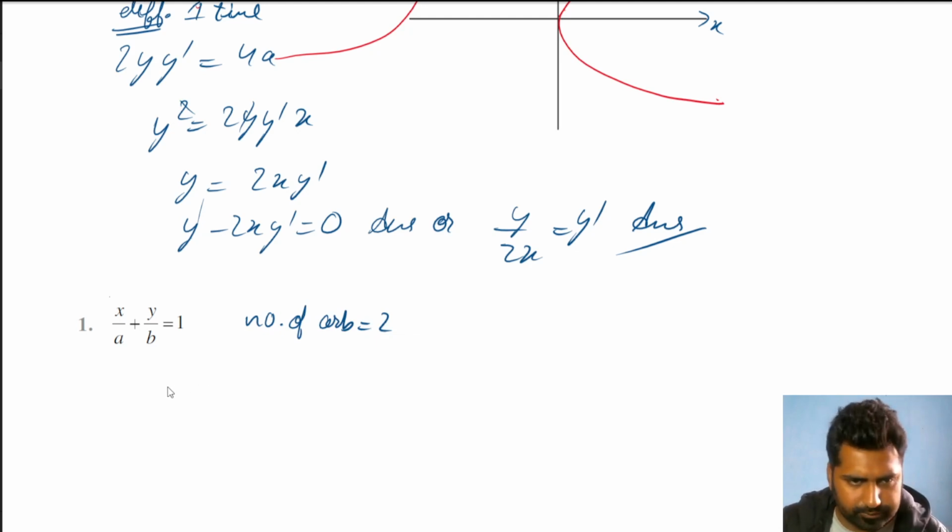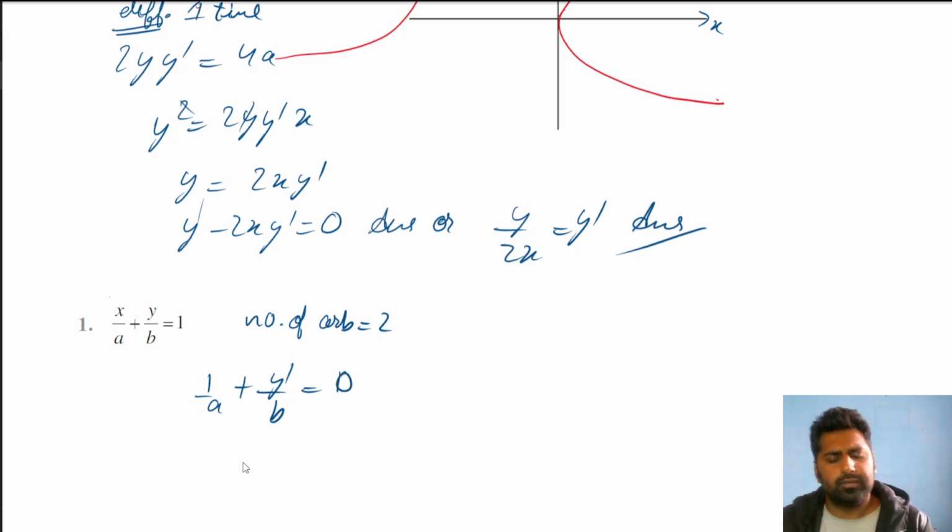One time let's differentiate. So differentiation of x is 1 by a plus y dash by b is equal to differentiation of 1, which is 0. Now if we differentiate this directly, this a will be eliminated because it becomes 0, but b will still be here.